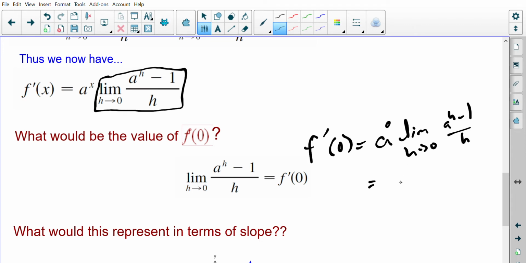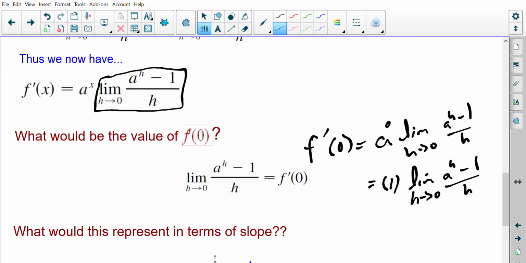So a to the 0 is 1, then multiplied by whatever this value would equal, a to the h minus 1 over h as h goes to 0.